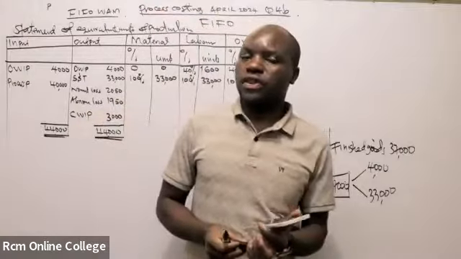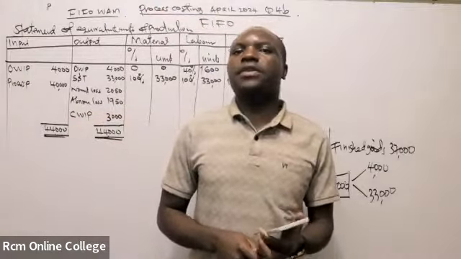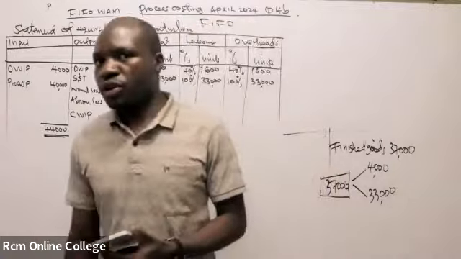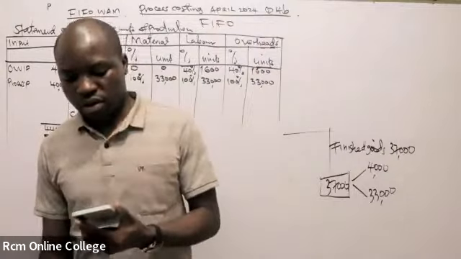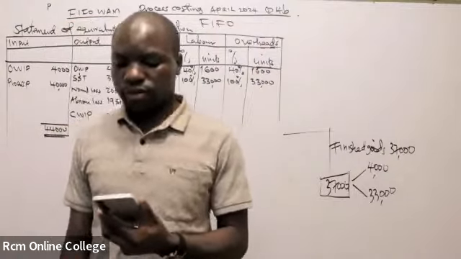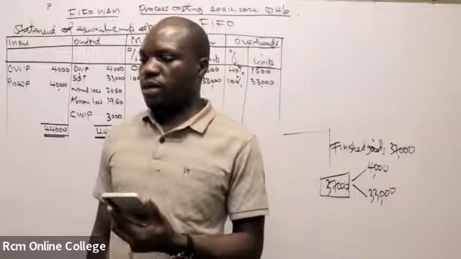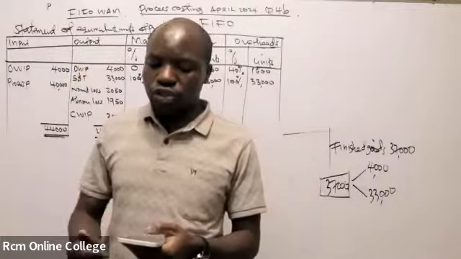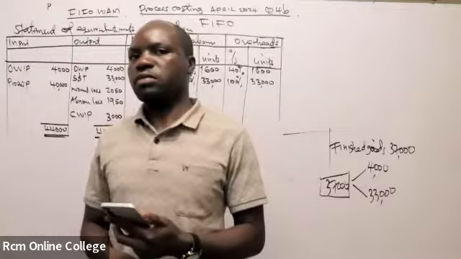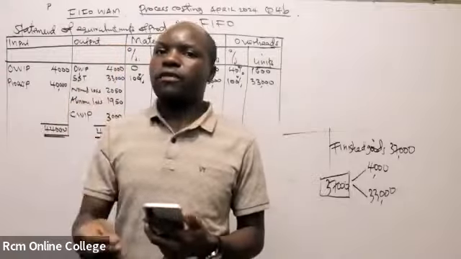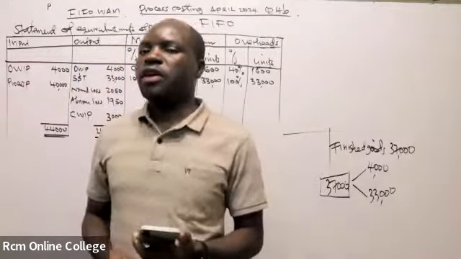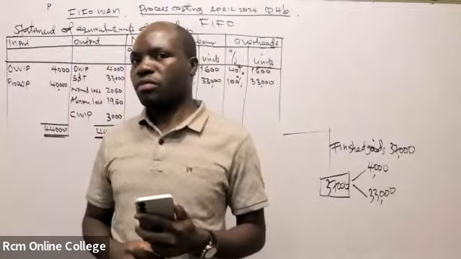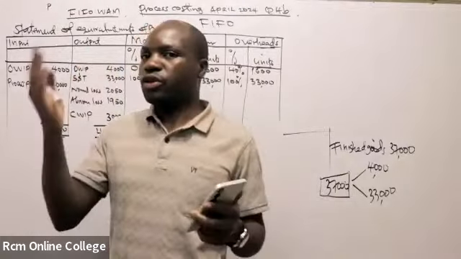When you want to get the process cost, the process expenses, what did we say about the normal loss? Even if you are given percentage of completion for the normal loss, even if you are not given percentage of completion for the normal loss, they do not form part of the product cost. We normally deduct them. Are you able to recall?